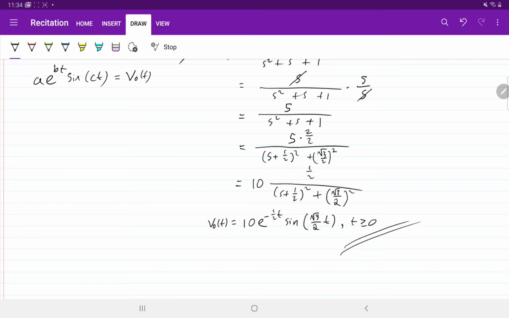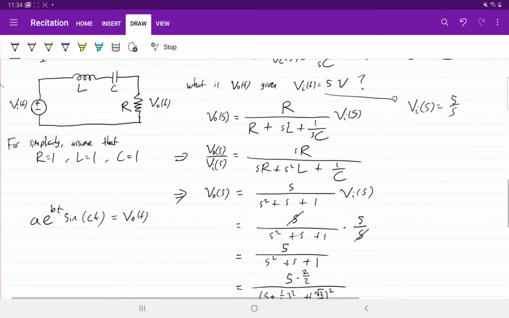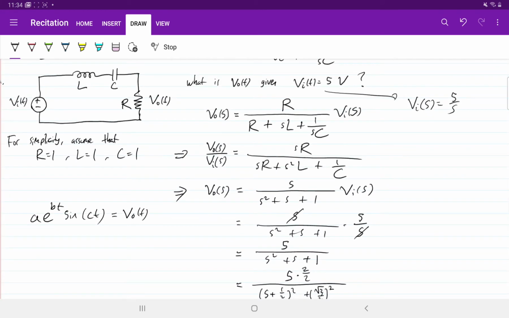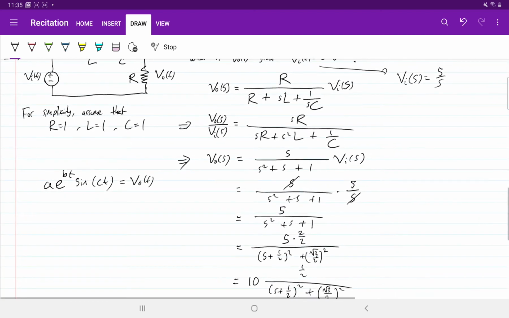Okay, so this is the time domain solution of the voltage on R. Now you need to ask yourself, does the solution make sense? So we need to check if our solution is right. So let's do a sanity check.